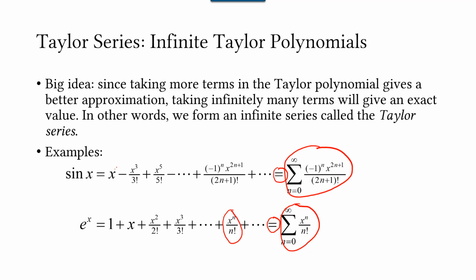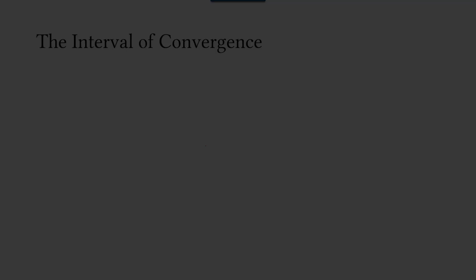So any function that has only odd powers in its Taylor series expansion, we call an odd function. Any function that has only even powers in its Taylor series, like the cosine does, is called an even function. So that's the reason for that language. And then if we think of them graphically, an even function is symmetric across the y-axis, and an odd function is symmetric around the origin.